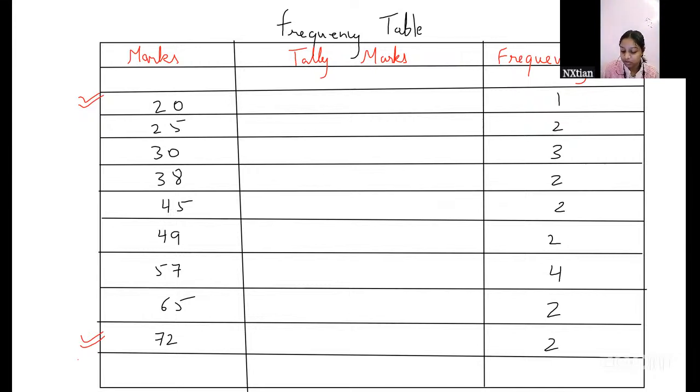Okay, so let's move on to range. I'm clearing it. Range. Now, write the maximum marks and the minimum marks obtained. How much?